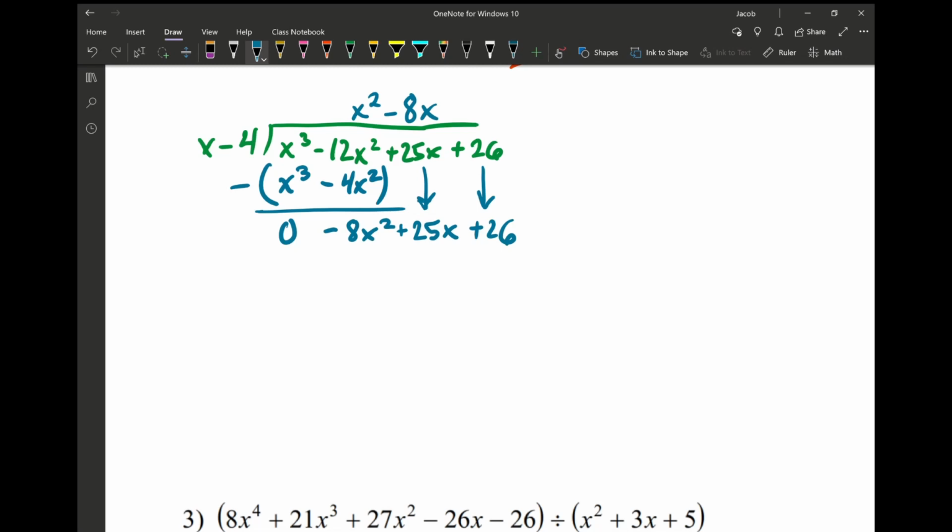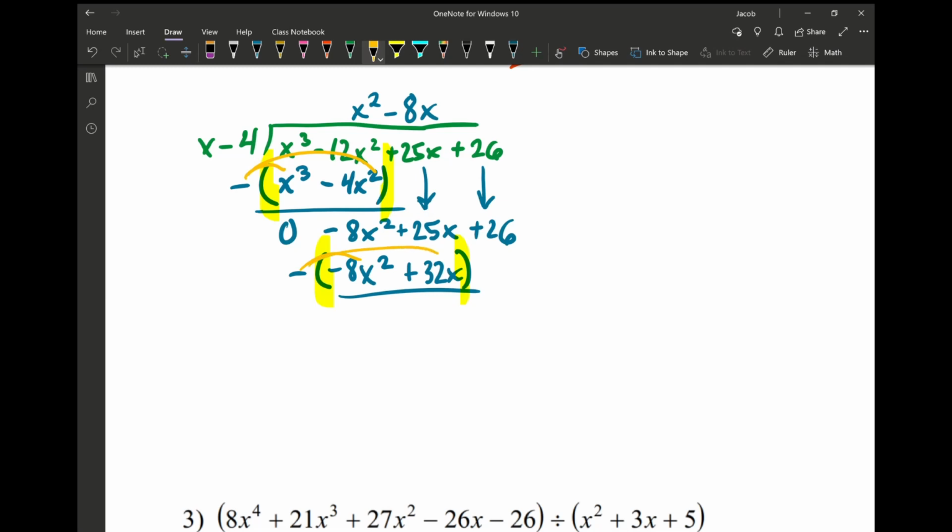And then I multiply. What's negative 8x times x? I get negative 8x squared plus 32x, and then I subtract, making sure to keep parentheses around my subtraction because I'm actually distributing this negative to each term.